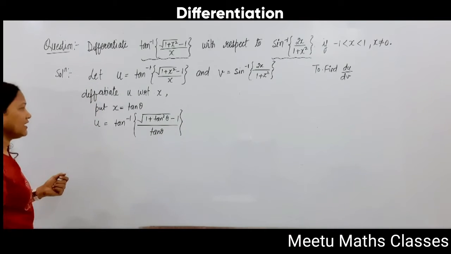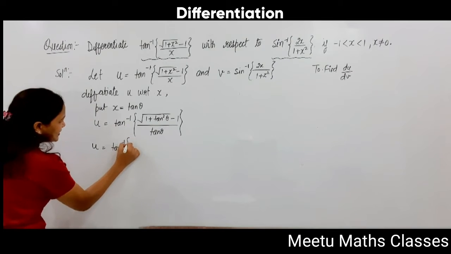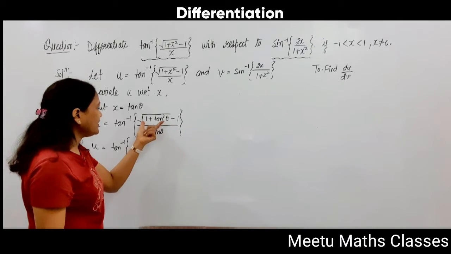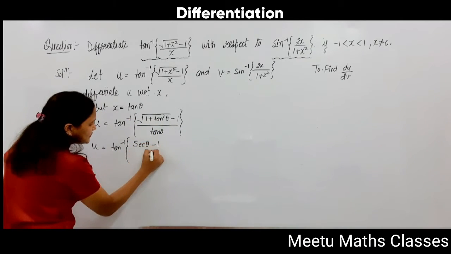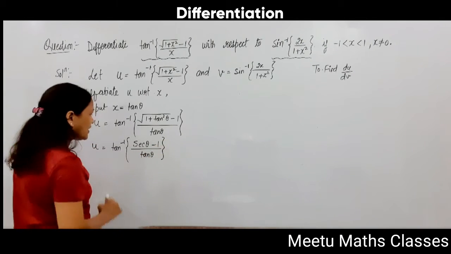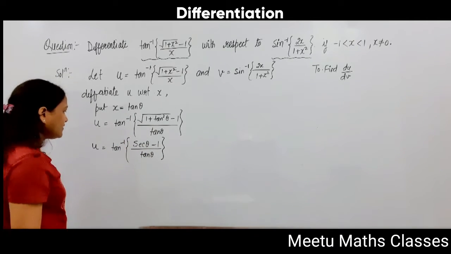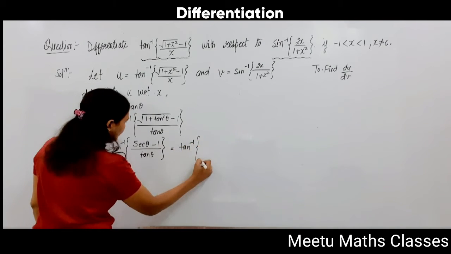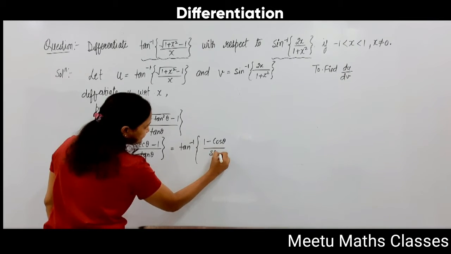This can be written as tan inverse of square root of sec square theta, which is sec theta, minus 1 upon tan theta. By converting sec theta and tan theta in sin and cos, we get tan inverse of 1 minus cos theta upon sin theta.